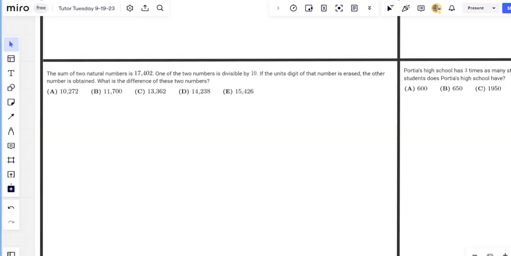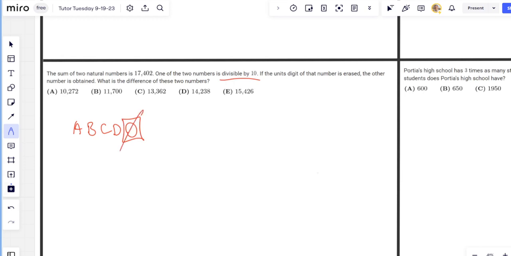It says the sum of two natural numbers is 17,402. One of the two numbers is divisible by 10. If the units digit of that number is erased, the other number is obtained. What is the difference of these two numbers? The scenario we have here is a number like ABCD0, ending in a 0 because it's divisible by 10.